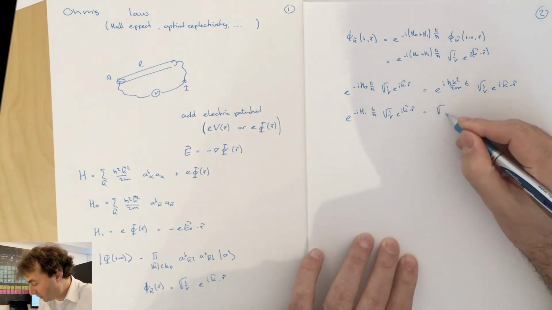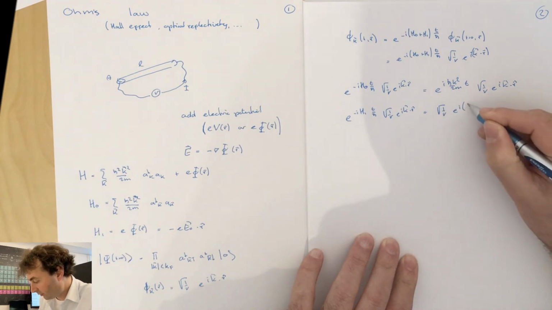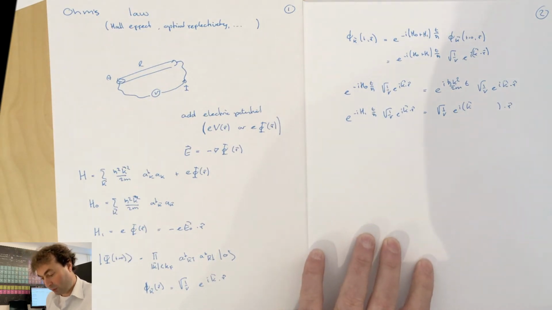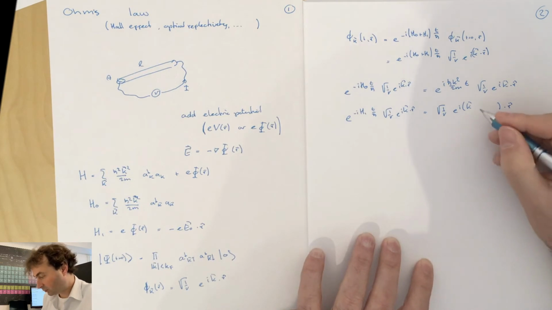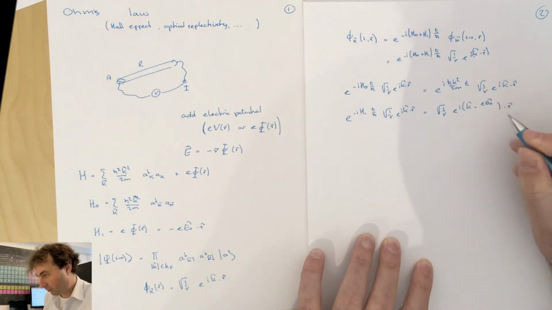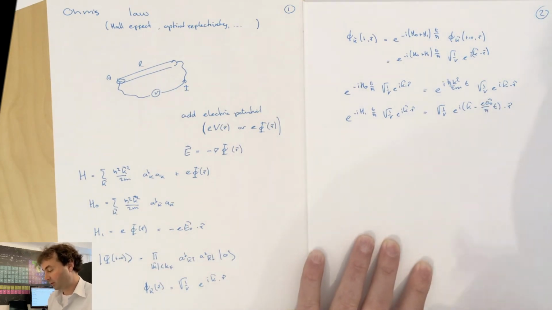So our wave function becomes square root of 1 over V, e to the i k dot r for the original state, and then the H1 is giving you a minus e E0 divided by h bar times t dot r.